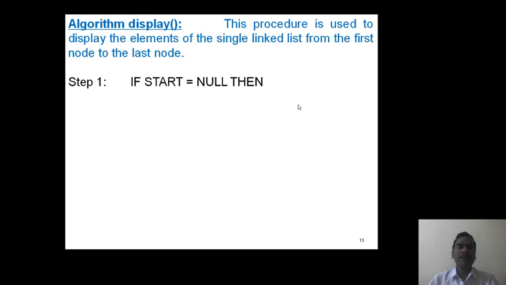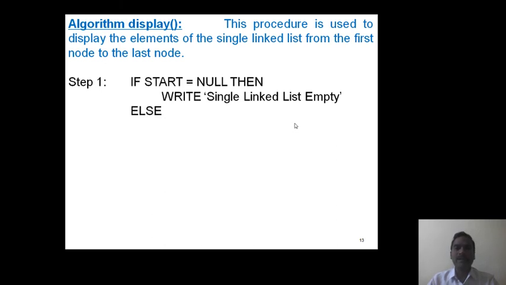For this, step 1: first we check whether elements are available or not. If elements are available, then only traversing is possible. If start equivalent to null, that means elements are not available, hence we print a message, single linked list empty. Else, if elements are available, first we set a temporary variable that points to the start node.